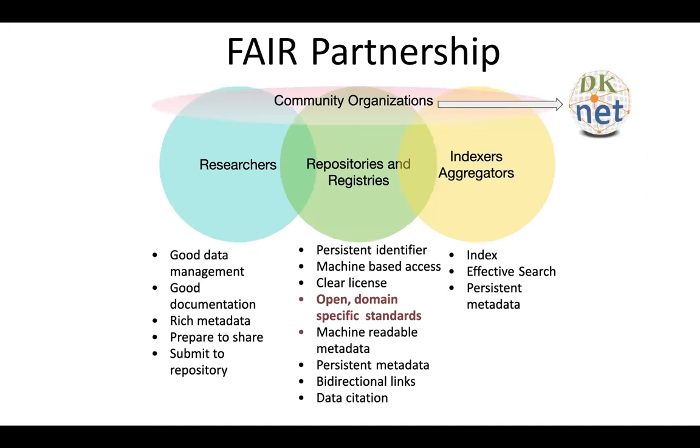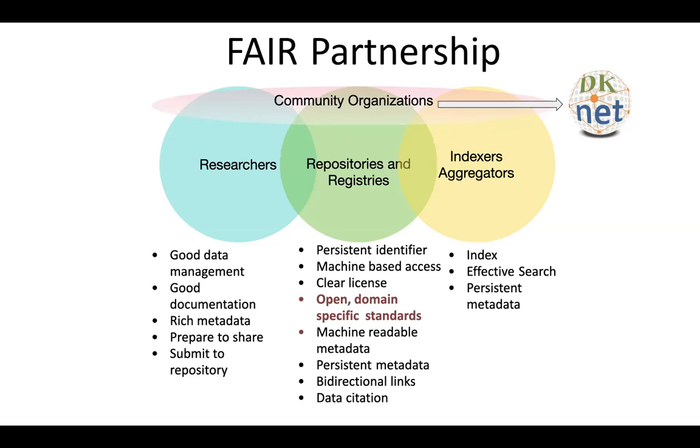And what we recognize is that there are a number of organizations that are involved in this FAIR partnership, right? There are researchers, and a lot of times what they need to do for making their data FAIR just starts with good data management and good documentation, right? So basically good lab practices.